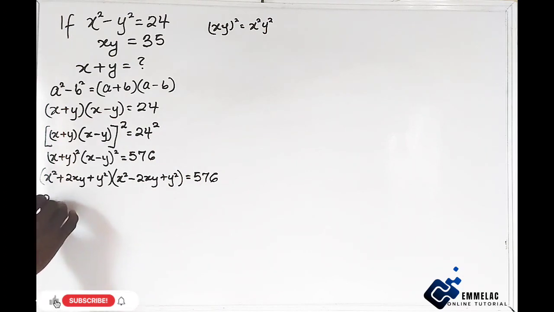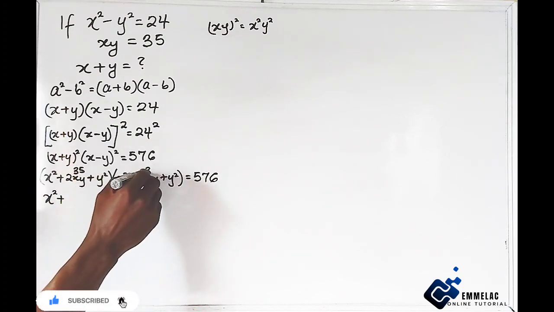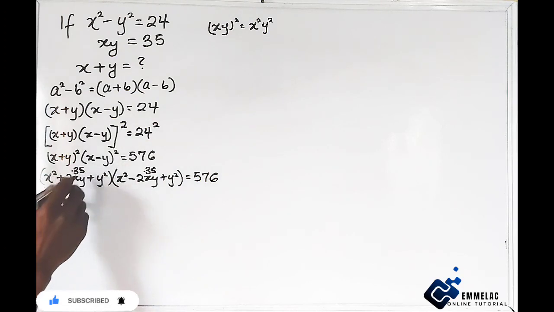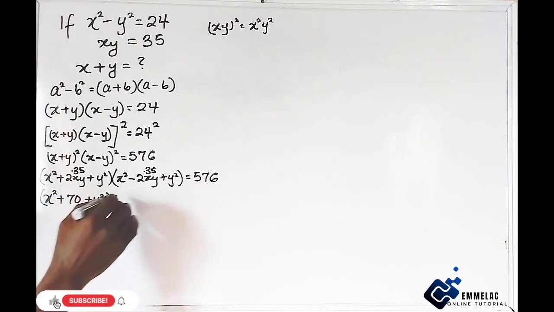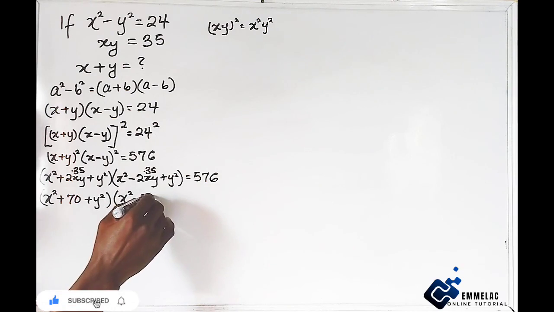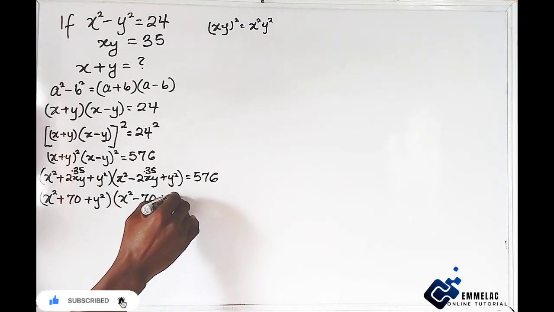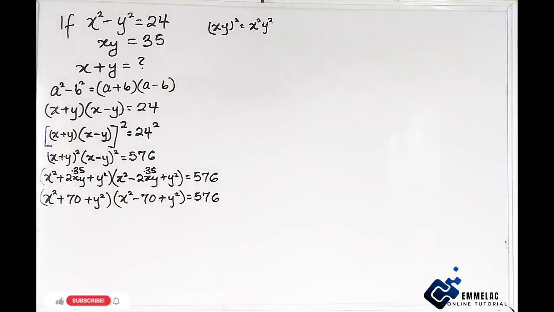By so doing, we have x raised to the power of 2 plus, take note that this is 35 and this is 35, so when we multiply 2 times 35, you have 70, plus y raised to the power of 2, into x raised to the power of 2, minus 70 plus y raised to the power of 2, equals 576.